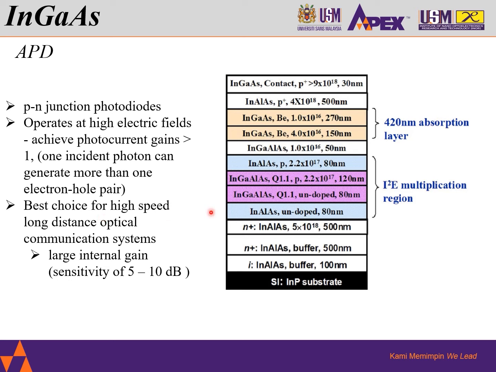So this is an example of an avalanche photodiode structure on a silicon indium phosphide substrate.